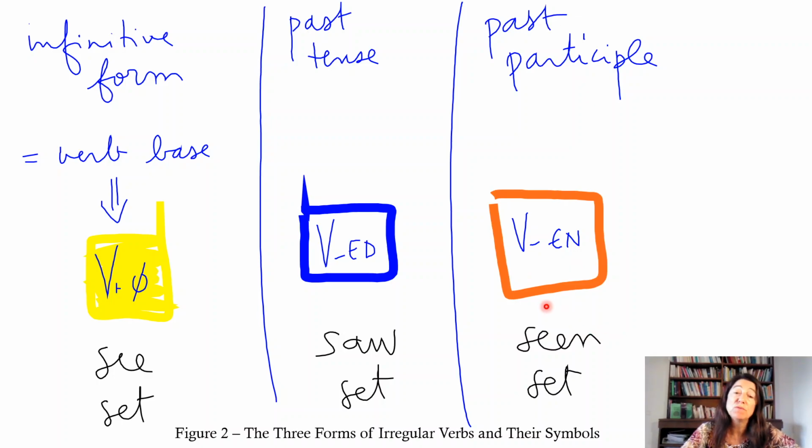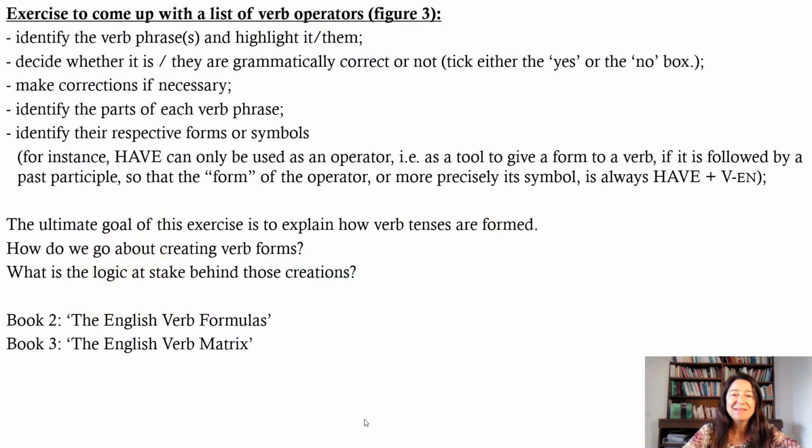So actually, if you want to make a sentence with seen, the past participle of see, what do you associate VEN with? Okay, so that could be a question that we could ask ourselves, and the answer would be, yes, actually it would be have plus VEN.